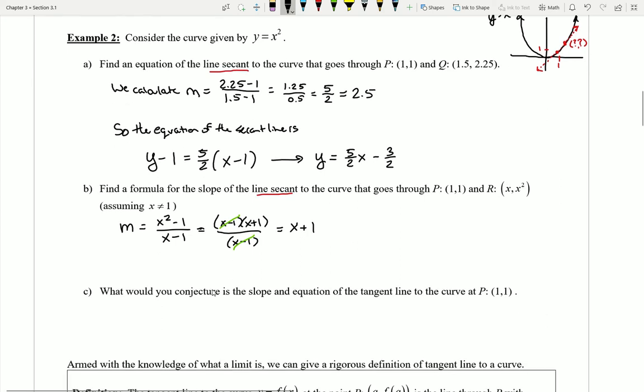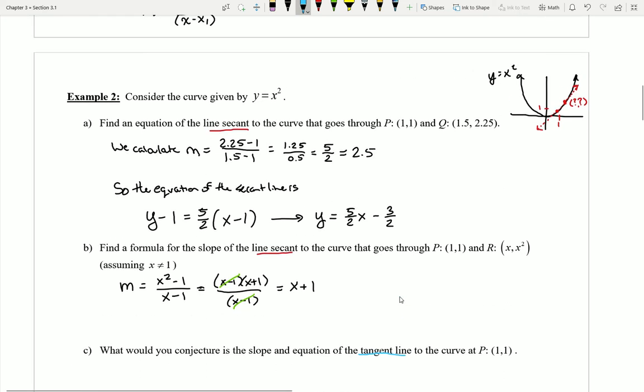But the interesting thing now is I could say, what would I conjecture is the slope of the equation of the tangent line to the curve at the point 1, 1? Well, notice in the picture, something interesting here can begin to happen. My tangent line is going to be sitting right here.